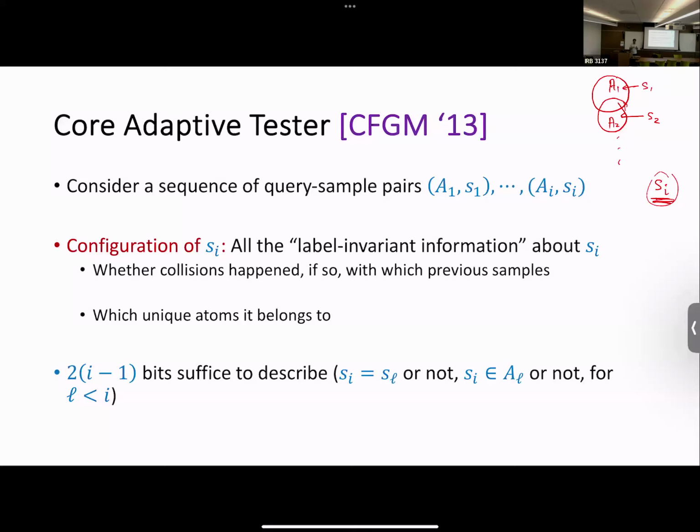And also, if I can specify with which of these samples it collides, then we know what the collisions are. That gives us this summation of 2i minus 1 bits. And later I will show you that this actually prunes the decision tree.